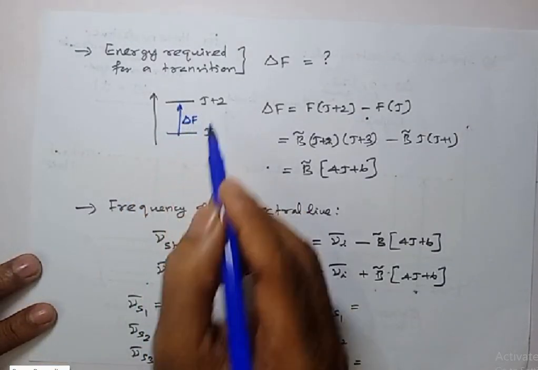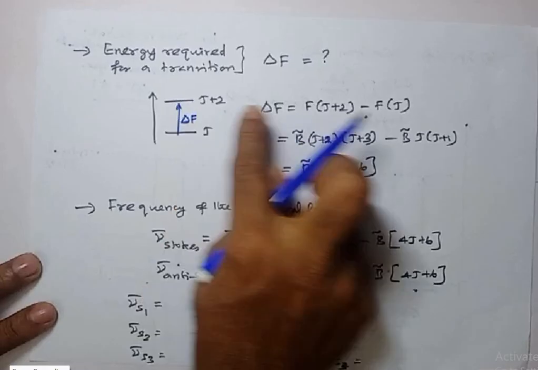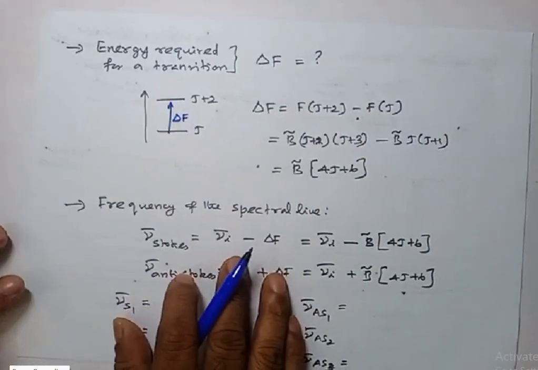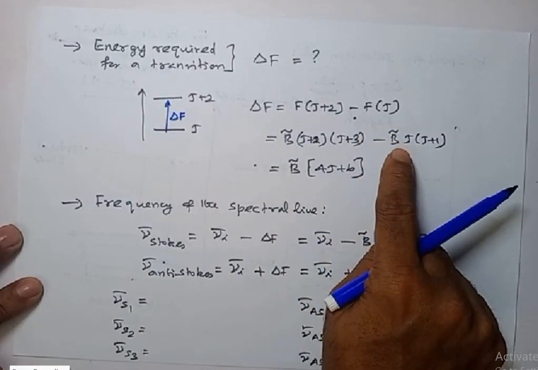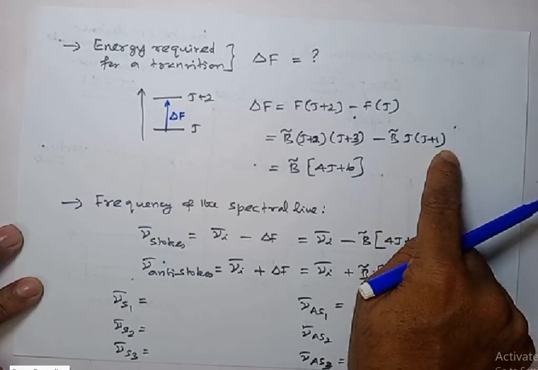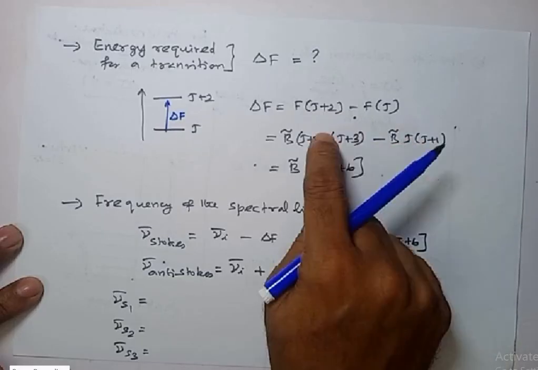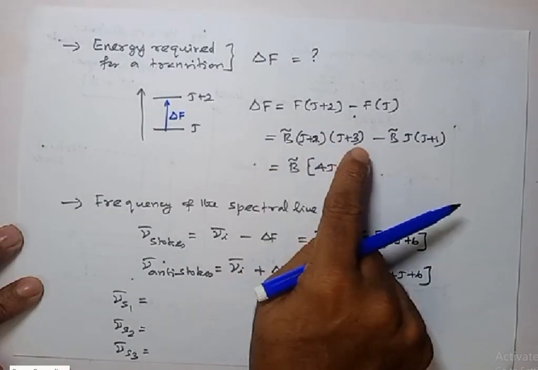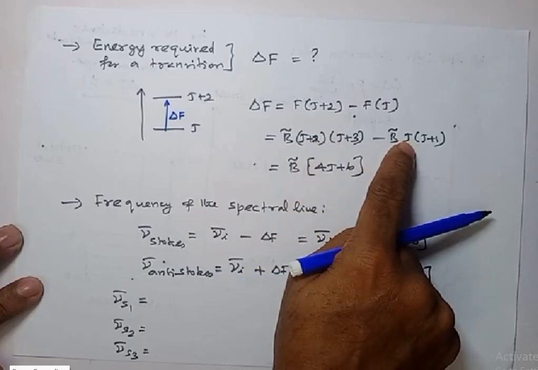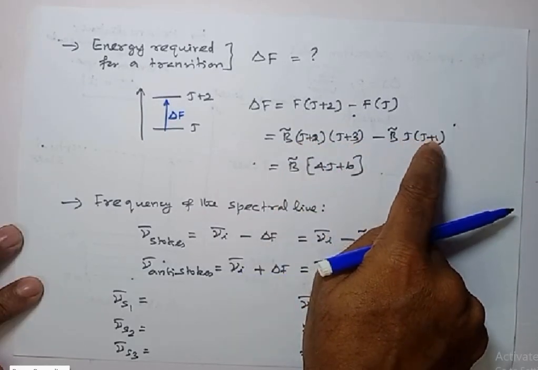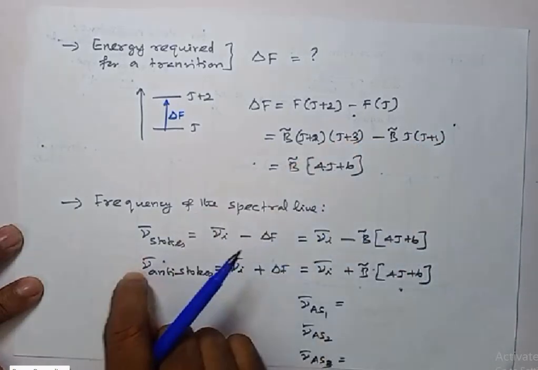It's called delta F. Delta F is equal to the energy of the higher level minus the energy of the lower level. F of J, what is the formula? B J into J plus 1. Then what is F of J plus 2? Wherever J is, put J plus 2. B into J plus 2, and here also in place of J, you put J plus 2 plus 1, so you get J plus 3.